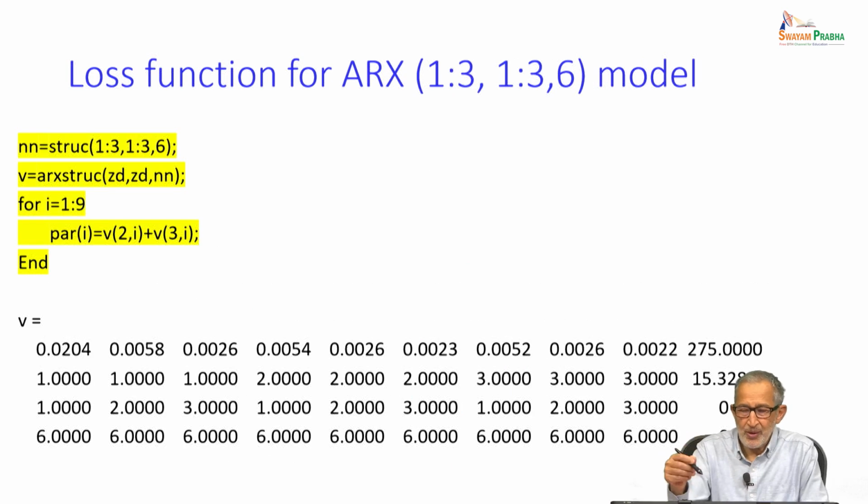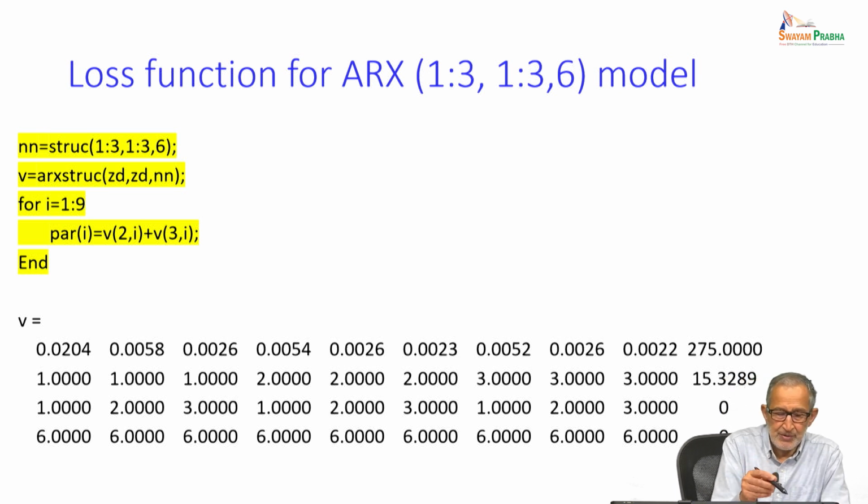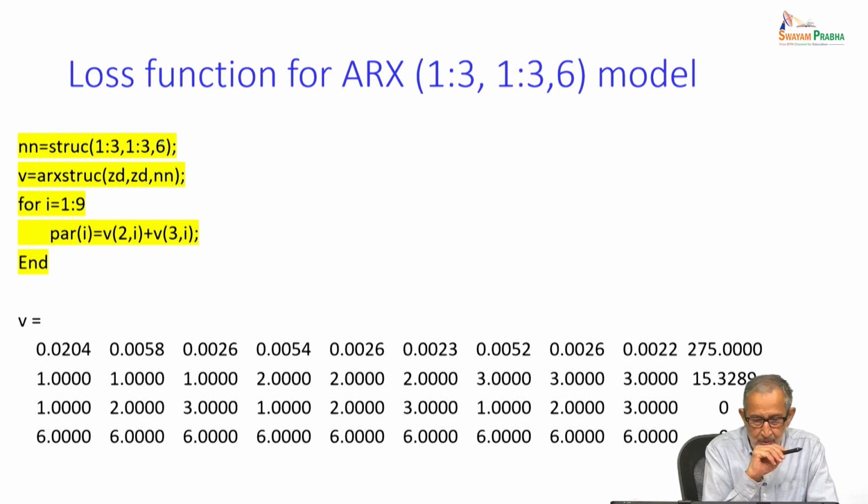So knowing that the delay is 6 sample intervals, now we want to explore what the order of the A and B polynomials is. So we use the struct function again, where the A polynomial can be of any order 1, 2, or 3. The B polynomial can also be of any order 1, 2, or 3. The delay now is fixed at 6.